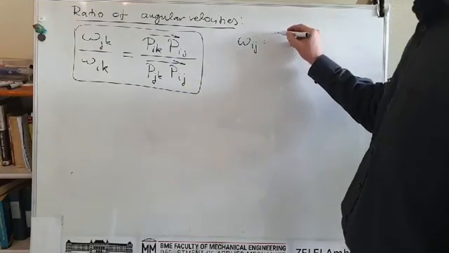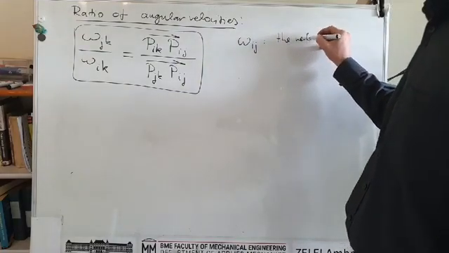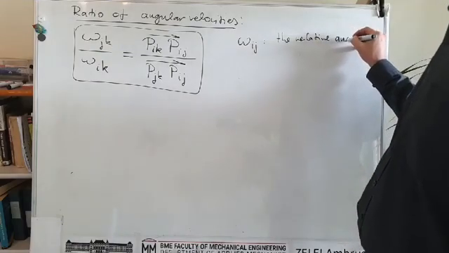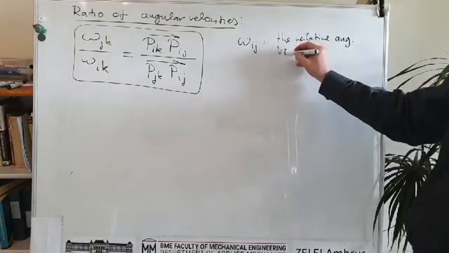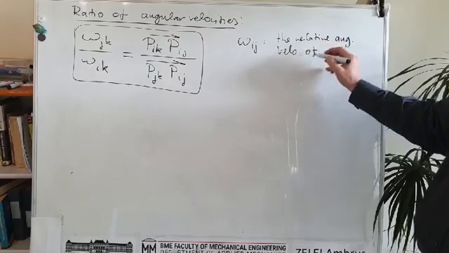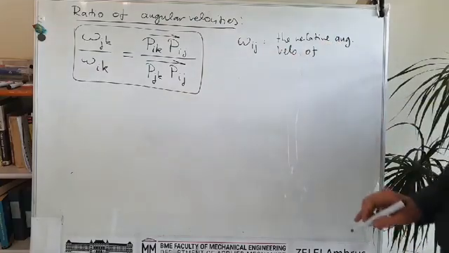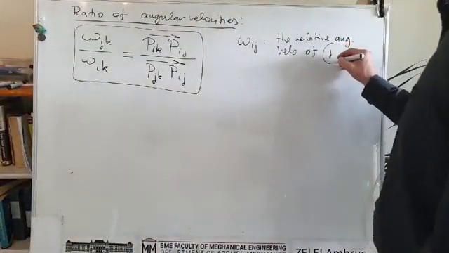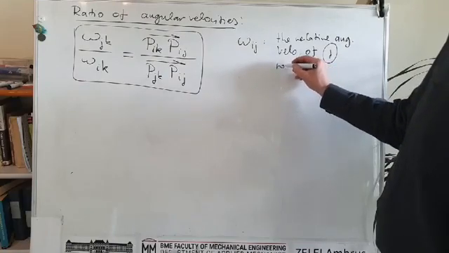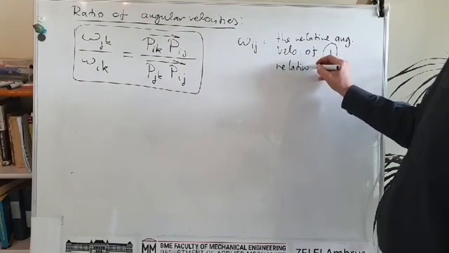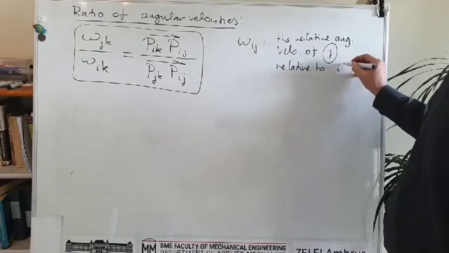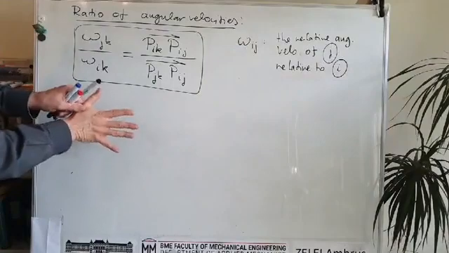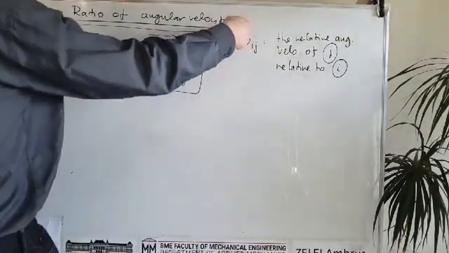So this is the relative angular velocity of rigid body number j relative to rigid body number I. So if they are rotating together, I and j, then it will be 0.